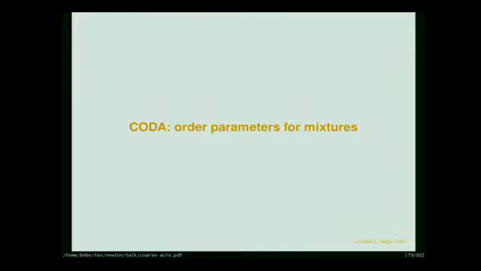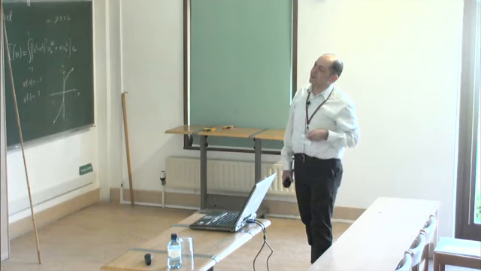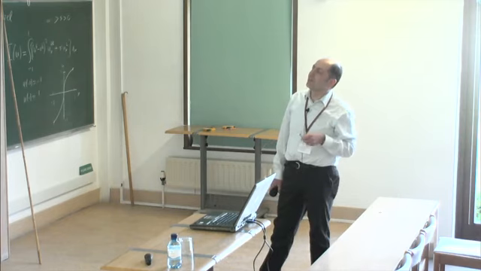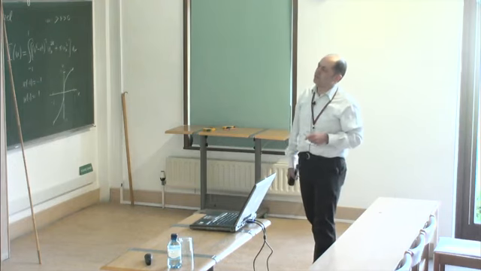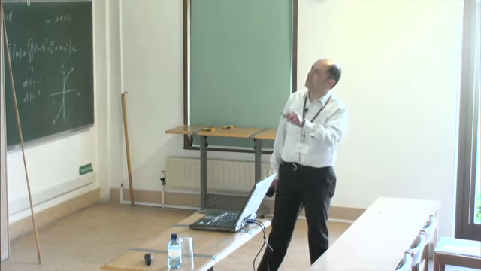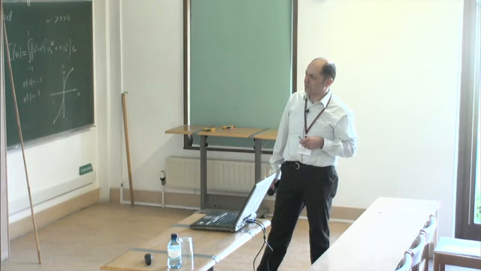I would like to just make a final comment about order parameters, again, because here we are among mathematicians. From a macroscopic point of view, order parameters can be obtained considering the anisotropy of specific macroscopic anisotropic properties of the system, for instance, magnetic susceptibilities or refractive indexes.